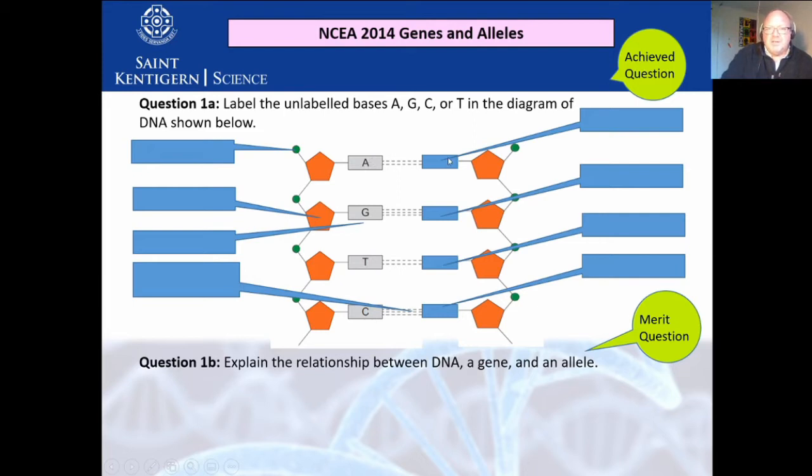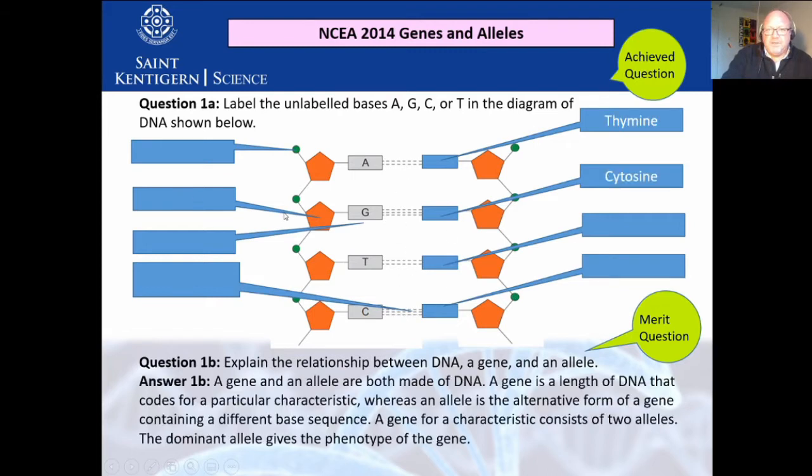So we know that A goes with T, and we know that G goes with C, and we know that T goes with A, and C goes with G. And then you're supposed to know that this is a phosphate, and that is a ribose sugar. And this is what we call a nucleotide. And these things that keep them together, your two phosphate sugar backbones, which is part of your helix, they are called hydrogen bonds. Okay, so there's all our answers.